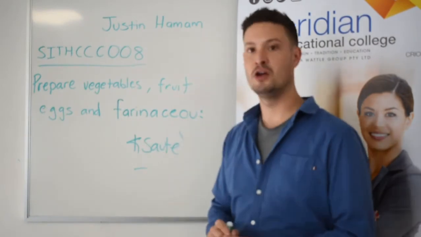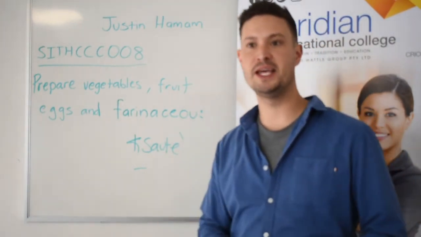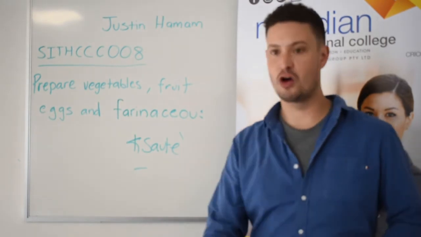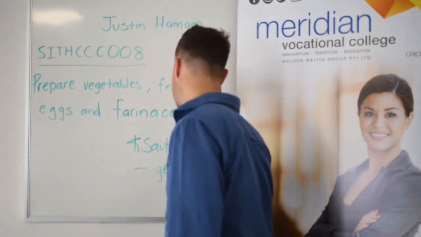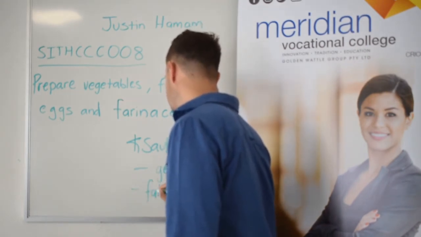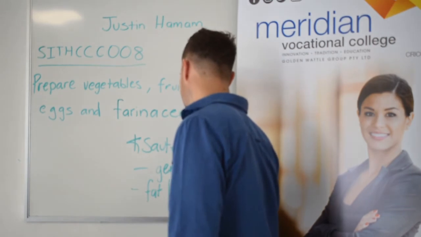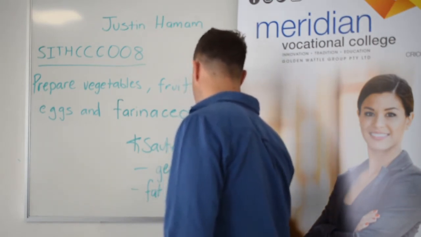When we saute, we're cooking this on a low to medium heat. We don't want to get a lot of caramelization, just gentle heat. This can be with fat, butter, or oil.